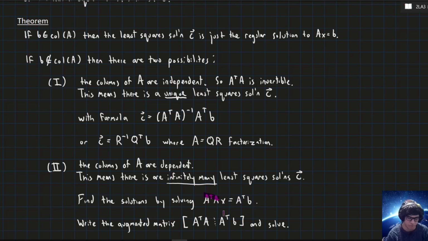So we form the augmented matrix and then row reduce. Since it's dependent, we'll get a variable column with no pivot in it, leading to infinitely many solutions. Remember, when the columns of A are dependent, A transpose A is not invertible, so you'll get infinitely many solutions to this.